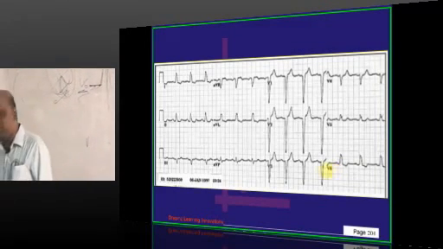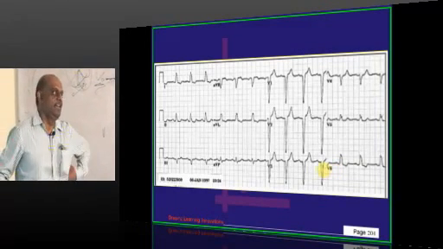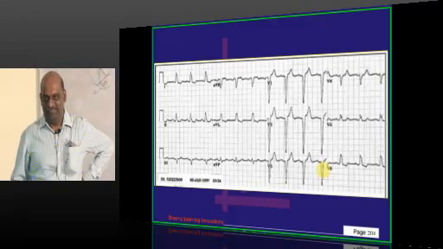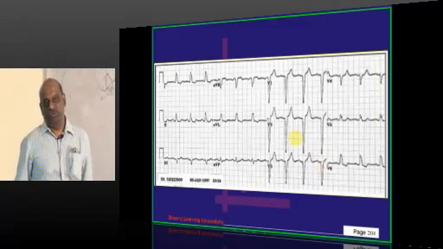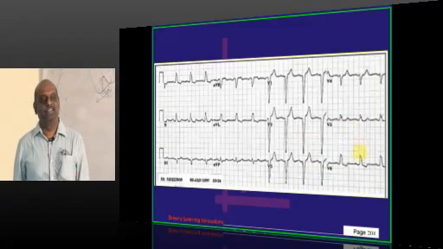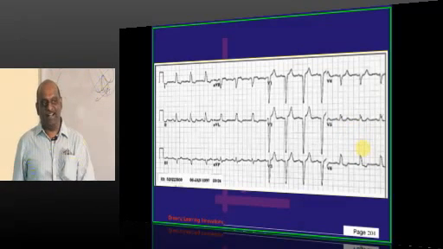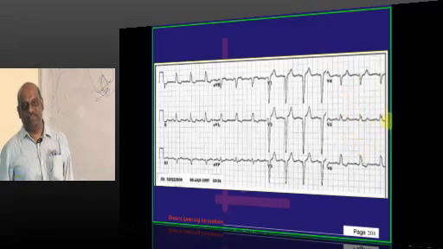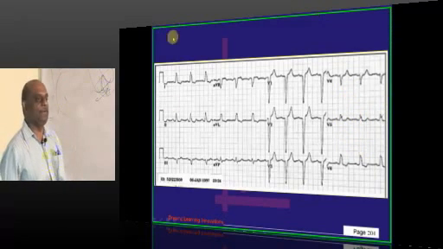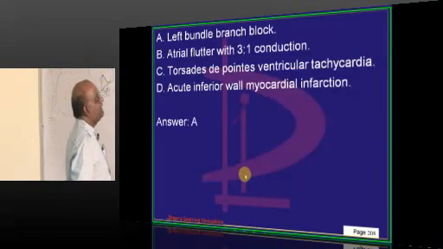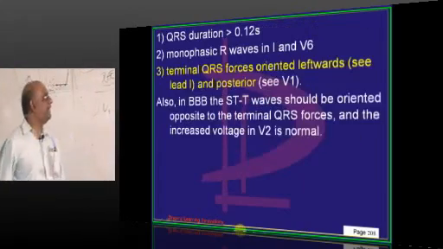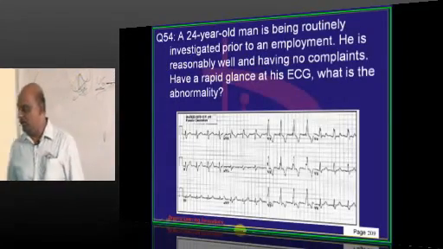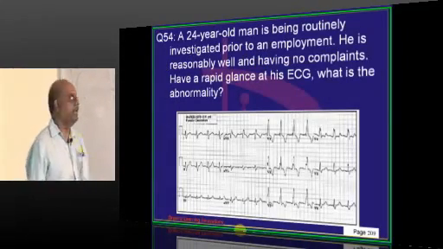Tirupati is saying, sir, please go slow. Doctor, if we go slow, we are preparing for the next DNB. DNB is conducted in May also. We discussed all these things in our ECG class, which is available in anatomytomedicine.com. It's only a story repeated once more.